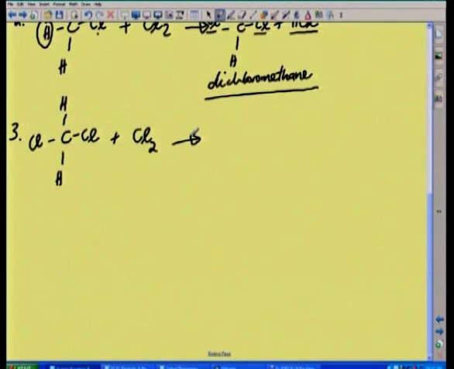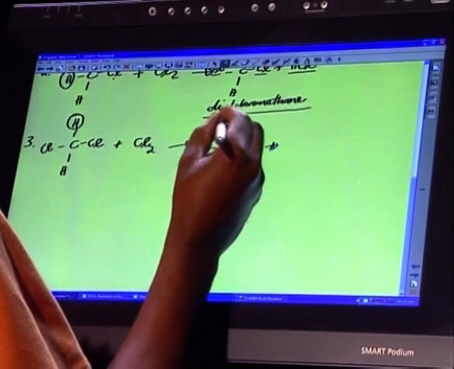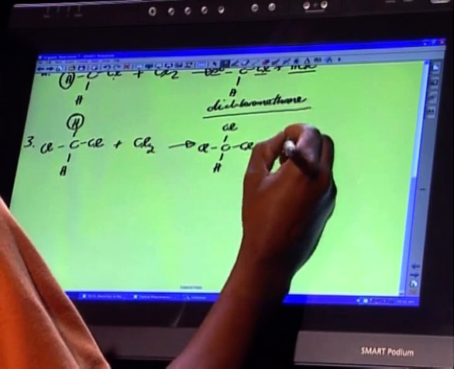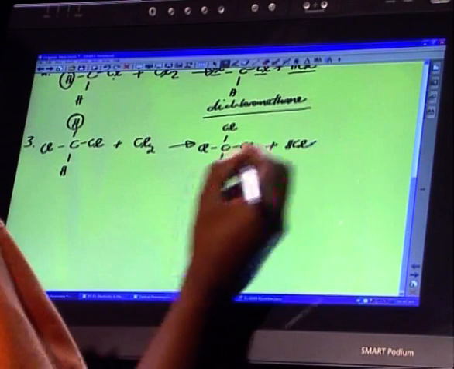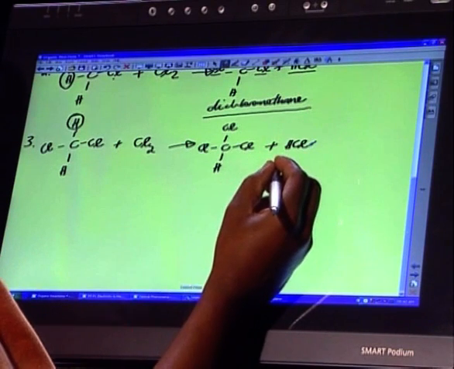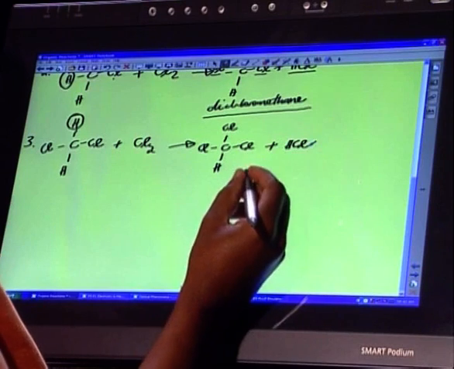Obviously, one of the hydrogen atoms, let's say that one, is going to be replaced by the chlorine atom. Okay, we still have hydrogen down here. We have got chlorine there. Plus, this hydrogen here that has been replaced now, plus the other chlorine atom, they combine together. They give you your hydrogen chloride gas or hydrochloric acid.